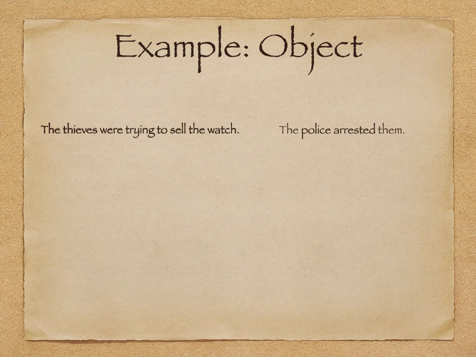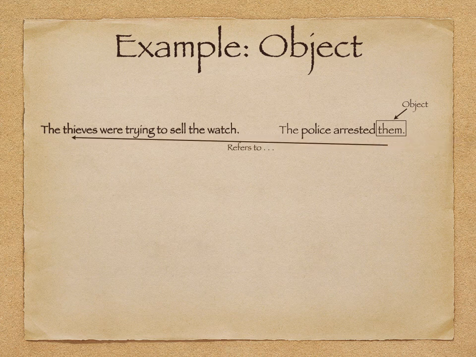So in this case, I've got thieves and them, okay? In the second clause, them is the object, and it's referring to thieves. So remember our chart from before. If it's the object and it's a person, I'm going to replace that with whom.